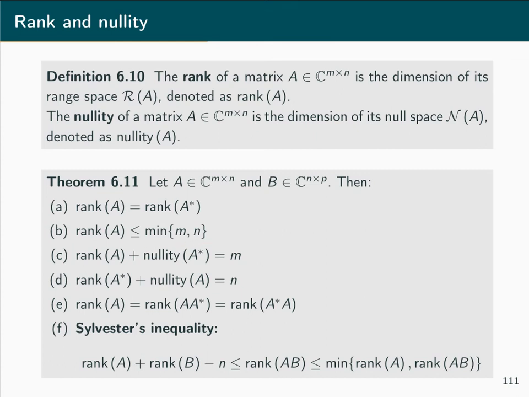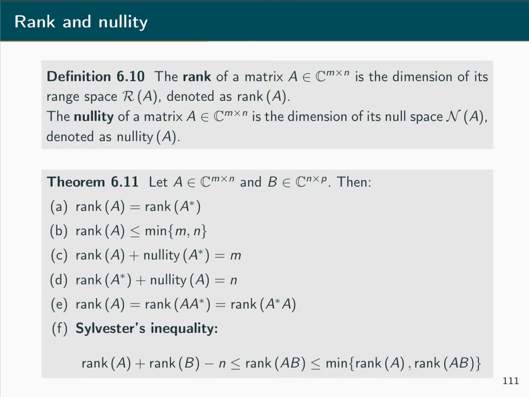C, the rank of A plus the nullity of A star equals the first dimension m. D, the rank of A star plus the nullity of A equals its second dimension n. E, the rank of A equals the rank of A star equals the rank of A star A.